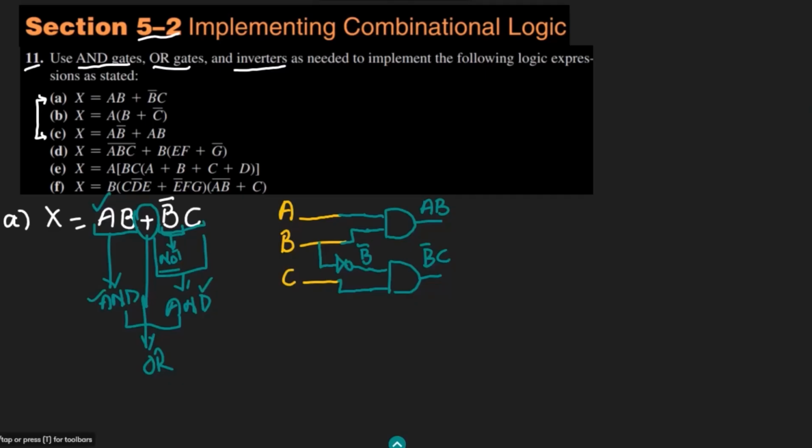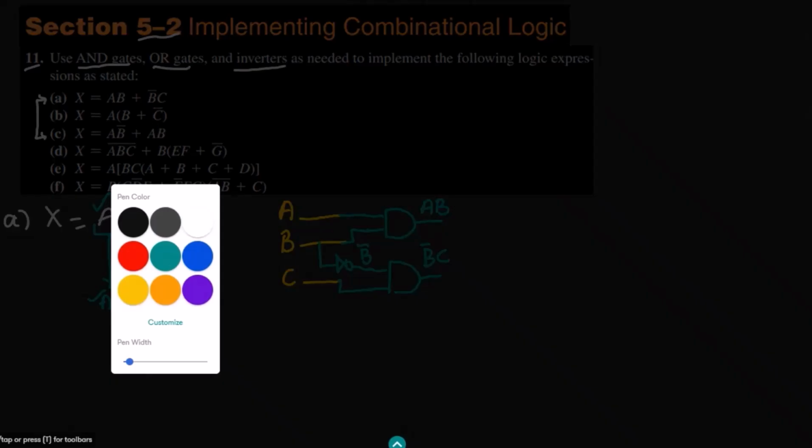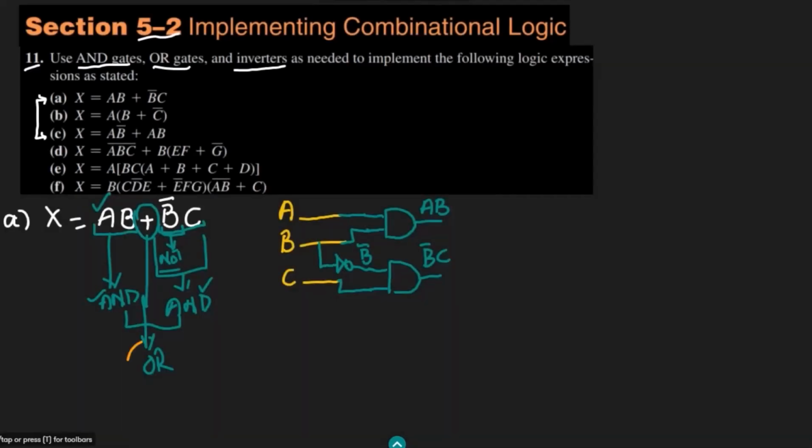And after it, in the third step, let me use another color, this orange color. This is another OR gate. The AB and B complement C are combined together by using this OR gate. This OR gate is a 2 input OR gate.